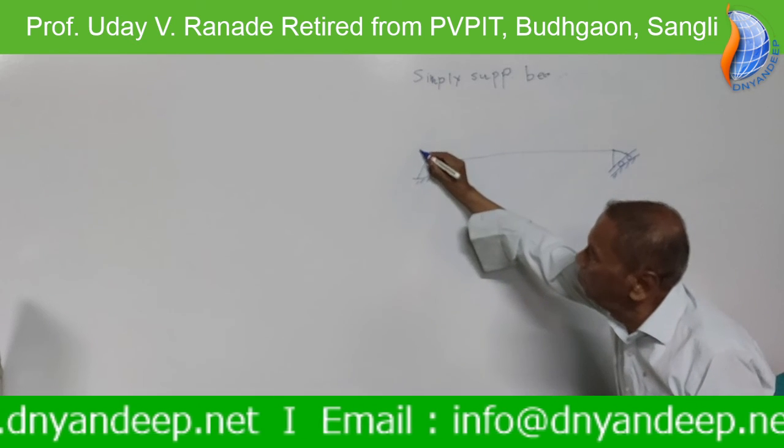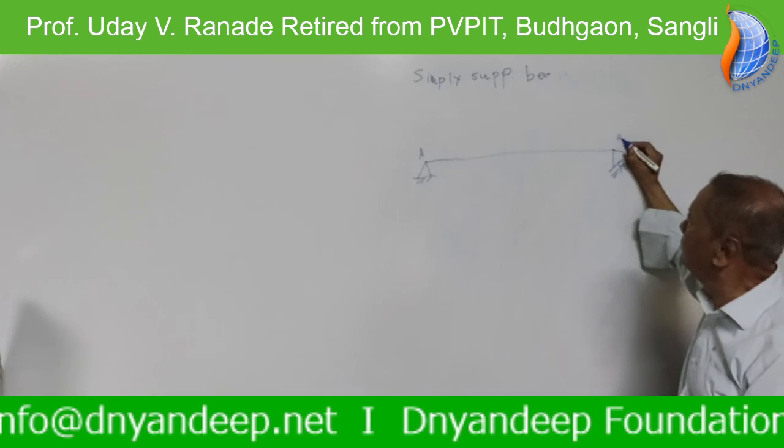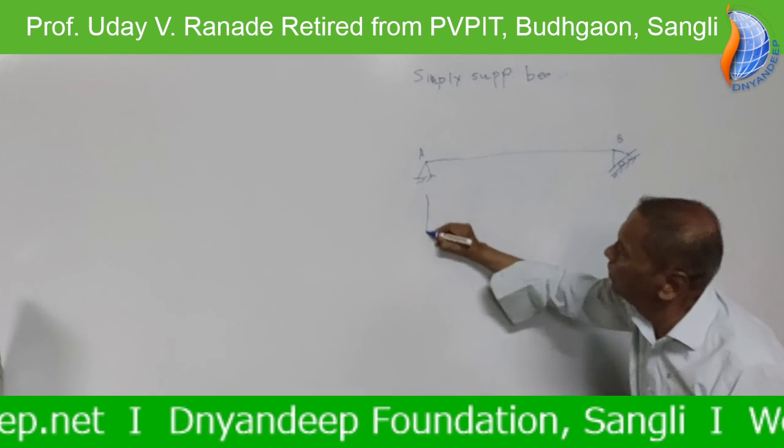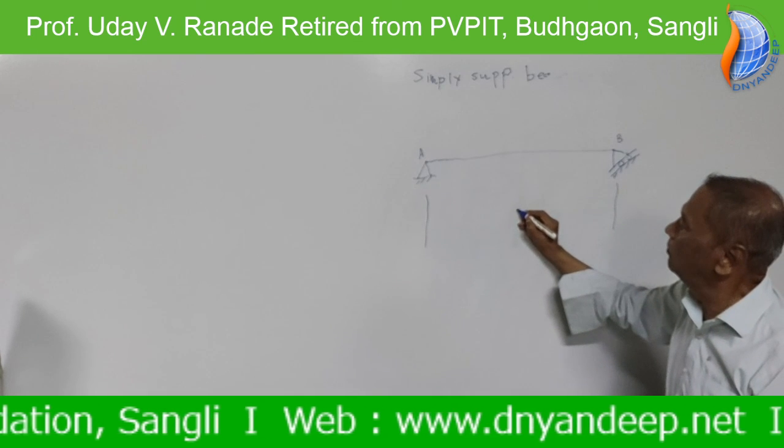Suppose this is A, this is B. Suppose total distance is say 10 meters.